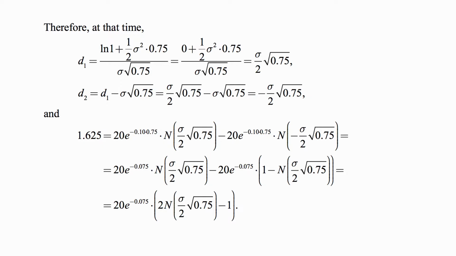But the put price is given, so we can use the put formula, plug it all in, and what we get is an expression that says basically 1.625 is equal to 20 times e to the minus 0.075 times 2 times the cumulative distribution function of the standard normal distribution evaluated at sigma over 2 times square root of 0.75, and then 1 is subtracted from that whole expression.